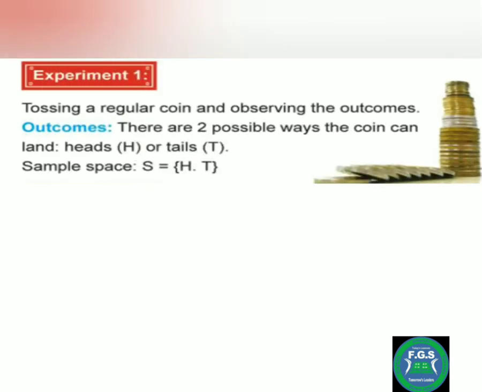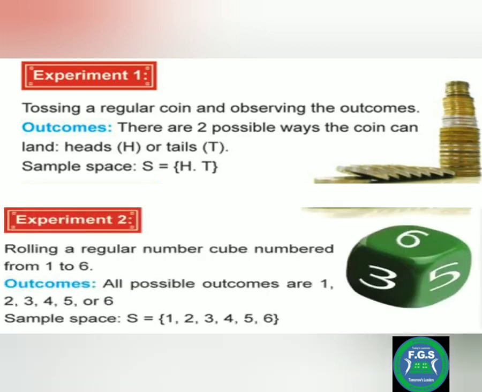Let's take experiment 1. Choosing a regular coin and observing the outcomes. There are two possible ways the coin can land: heads or tails. Heads can be abbreviated H, tails T. The sample space is S equals H, T. Experiment number 2.